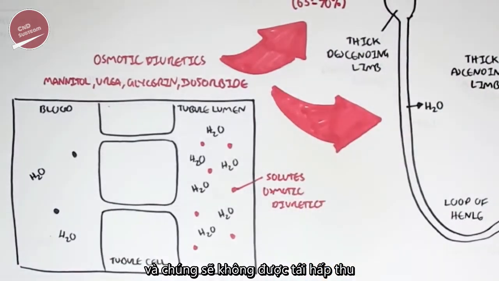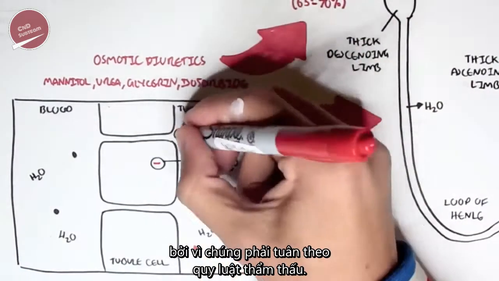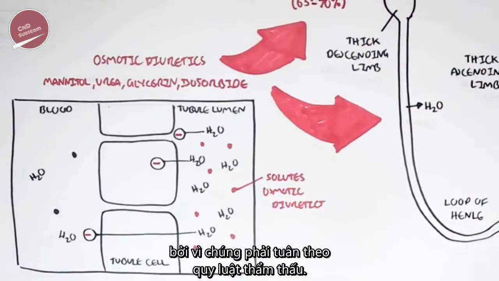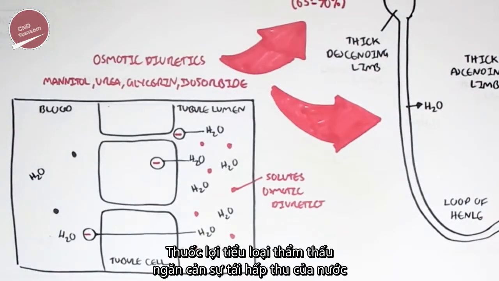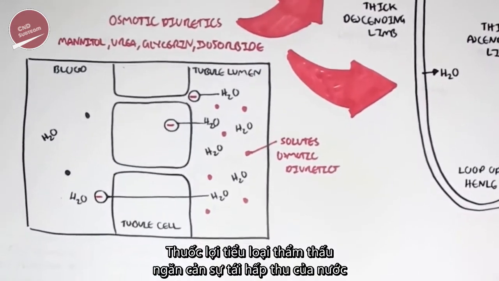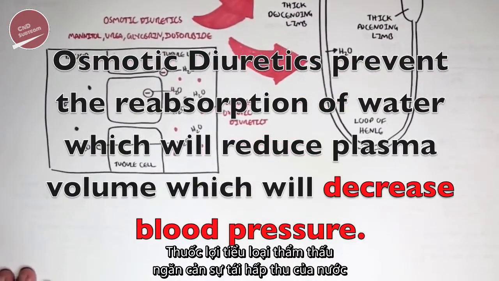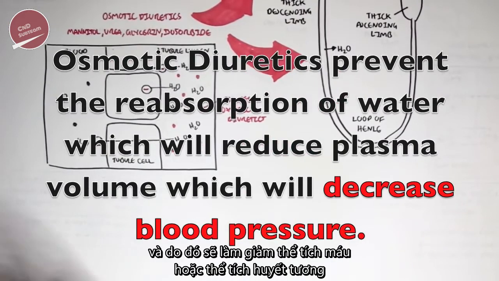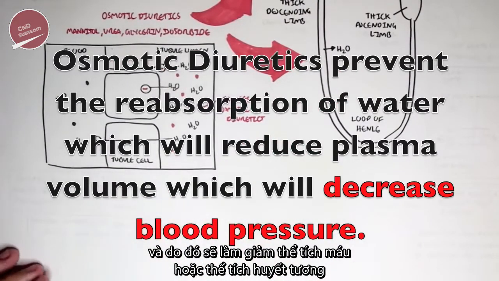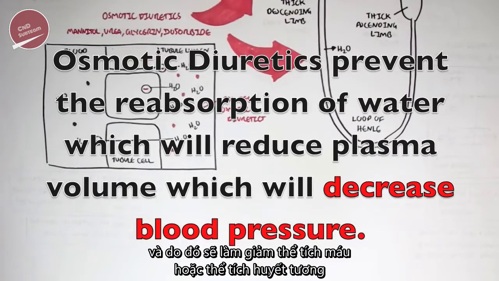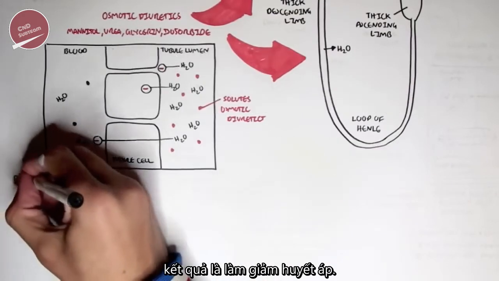And therefore, water will not be reabsorbed because it has to follow the osmosis rule. Hence the name osmotic diuretics. Osmotic diuretics prevent the reabsorption of water from the tubule into the blood, and therefore it will decrease the blood volume or the plasma volume, and therefore decrease blood pressure.